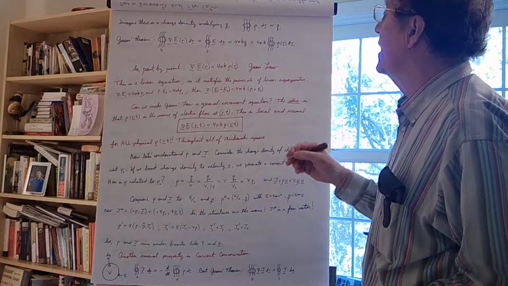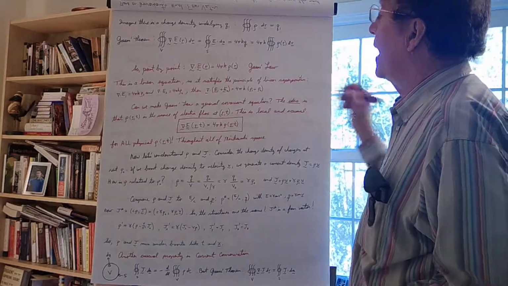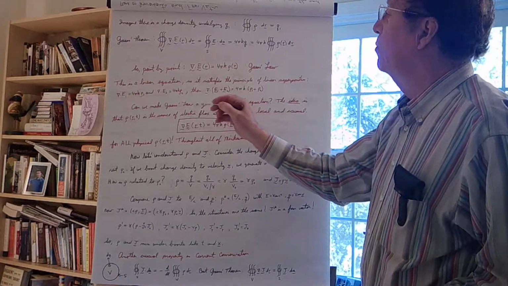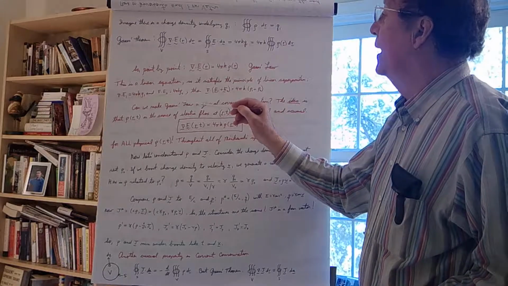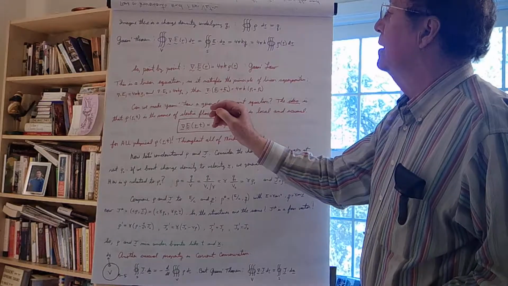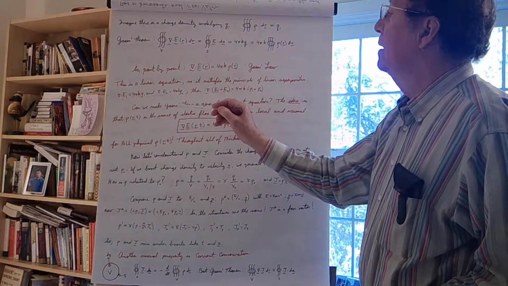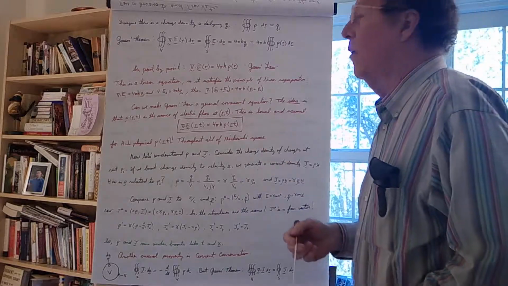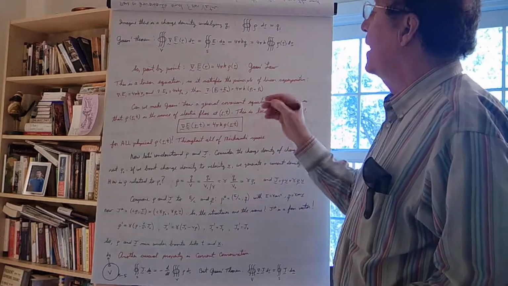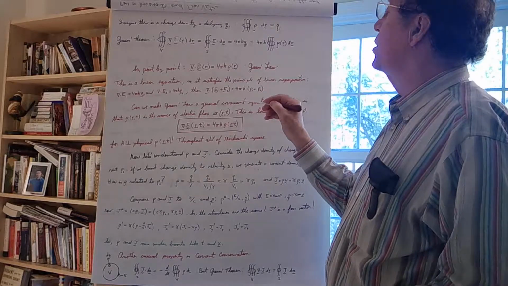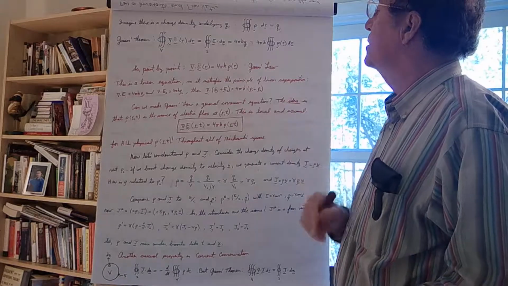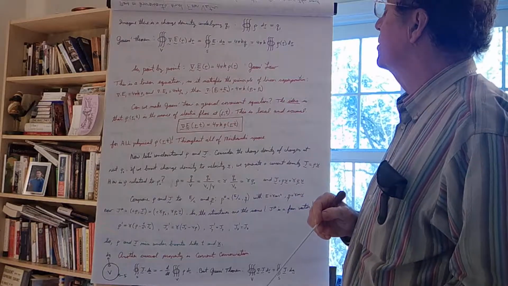It's a linear equation. By that I mean that if you solve on the one hand a problem with a charge density rho 1, you can calculate the electric field. And you can integrate it up and get E1 over all space. You might have, on the other hand, another problem with a charge density rho 2. That'll give rise to an electric field E2.